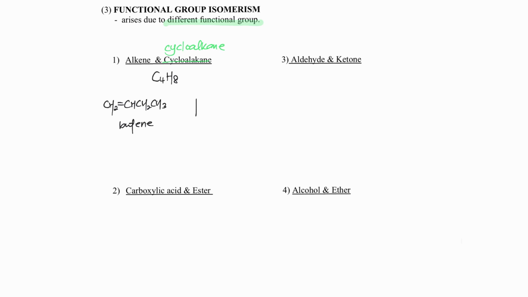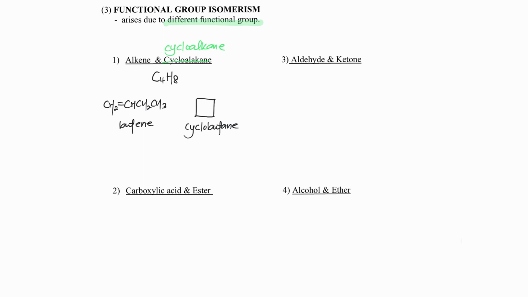So we can go for a ring with 4 carbons, and we can name it as cyclobutane. So both of them will have the same molecular formula, which is C4H8, but they have different structural formulas. I mean, they will have totally different structures with different functional groups. So they are functional group isomers of each other.